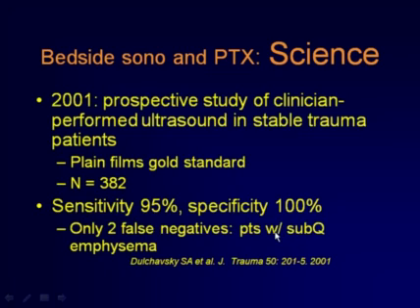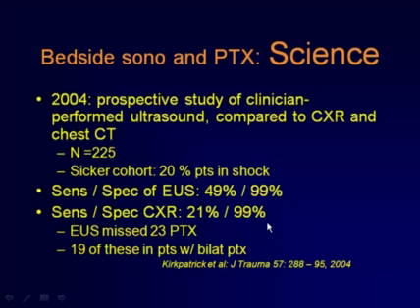And the false negative evaluations were patients who really were unable to have an effective ultrasound evaluation because they had sub-Q emphysema. Other studies have really since then shown that this high degree of accuracy has not been borne out in most people's clinical practice.